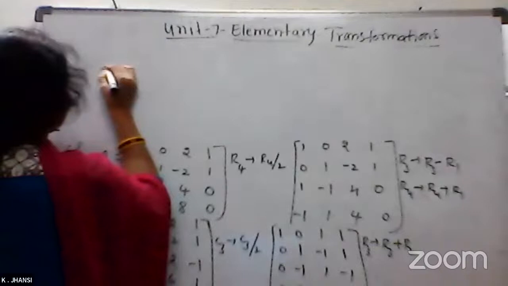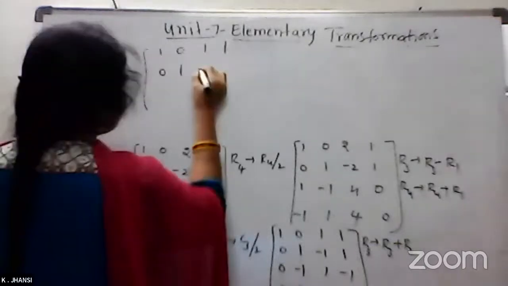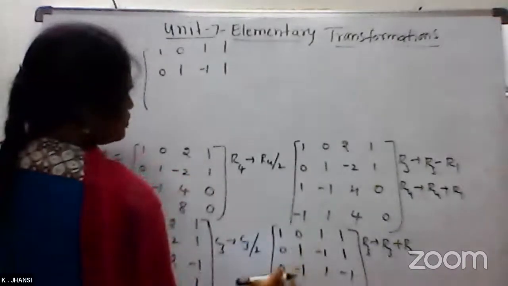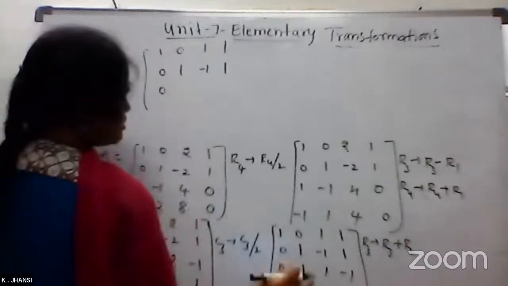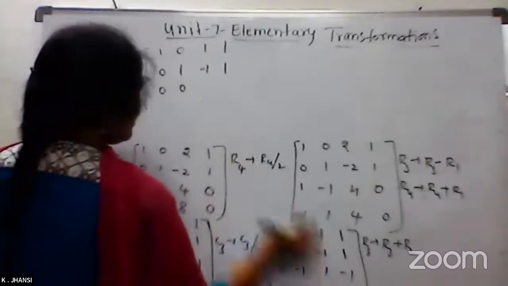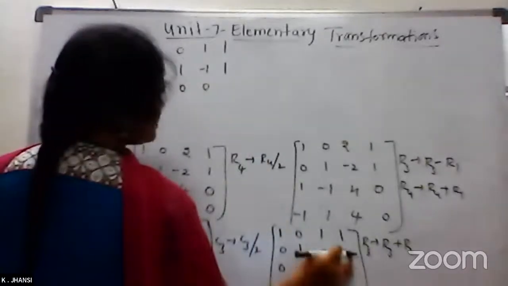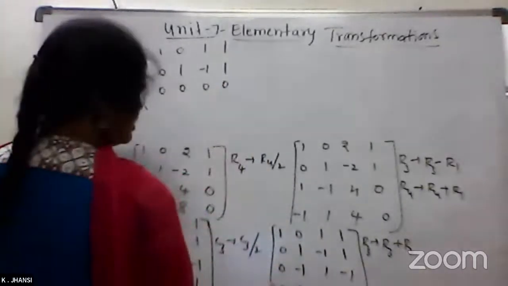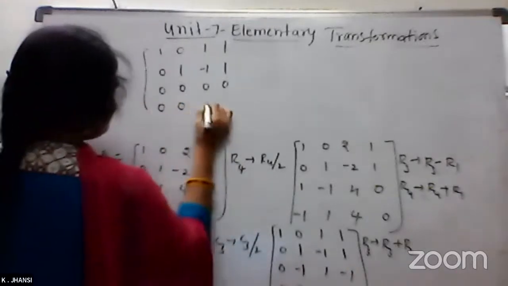1 0 1, 1 minus 1 1. So 0 minus 0 is 0, plus we are doing minus 1 plus 1, that is 0; minus 1 plus 1 is 0. Next 0 0 3 1.